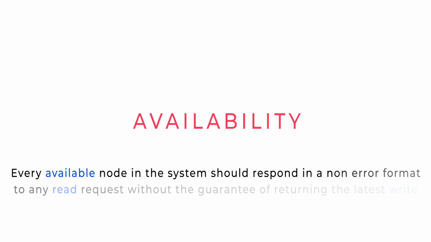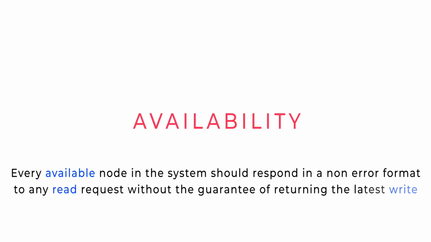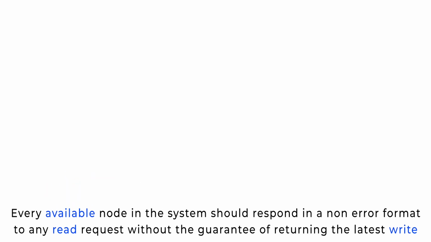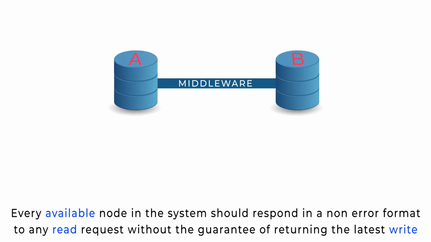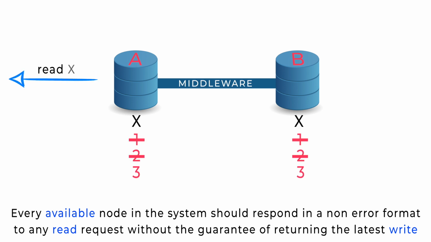Now let's define availability. The property of availability entails that every available node in the system should respond, not error, to any read request, without the guarantee of returning the latest write. Again, it sounds very confusing. If the system is available and a read happens on A, it will return the value for the read.